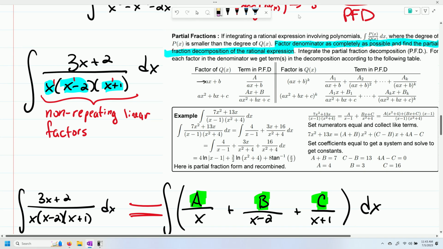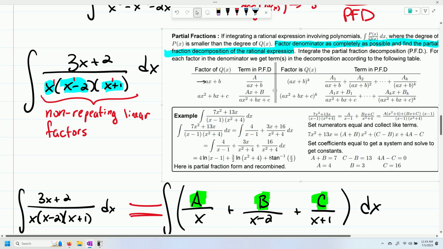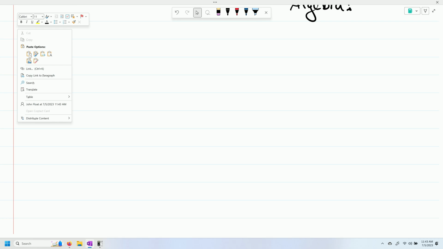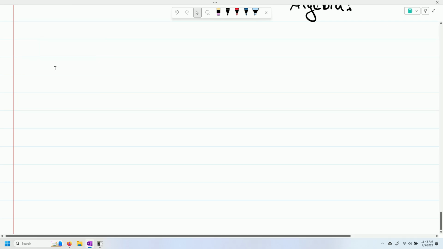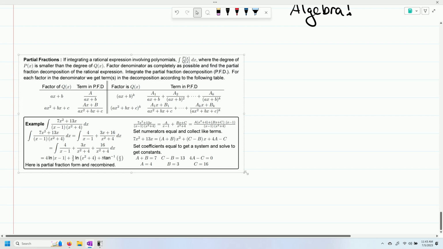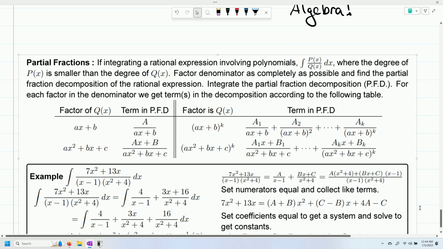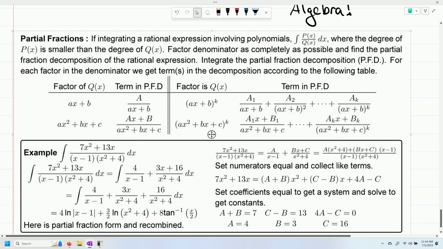I just want to copy and paste this. All right, here we go. And I want to maximize this as much as I can. There we go.